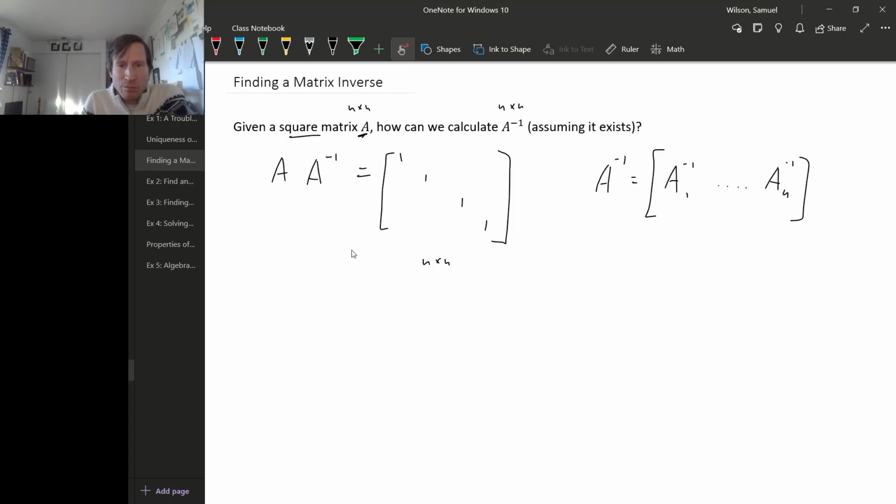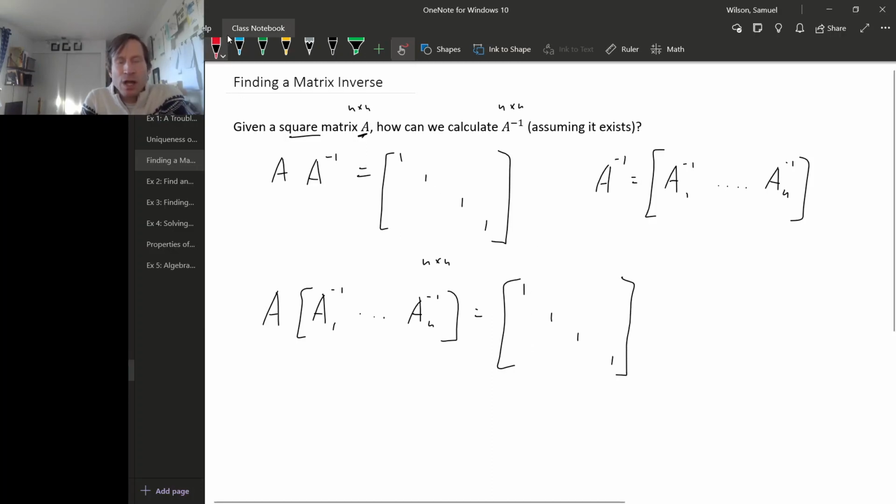Now, if we use this to write down this equation again, we get A times all of these columns equals this identity matrix. In this matrix product, where does this first column come from?